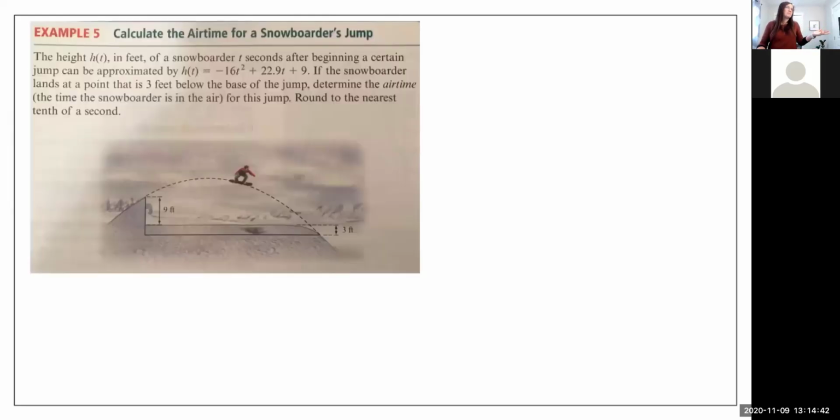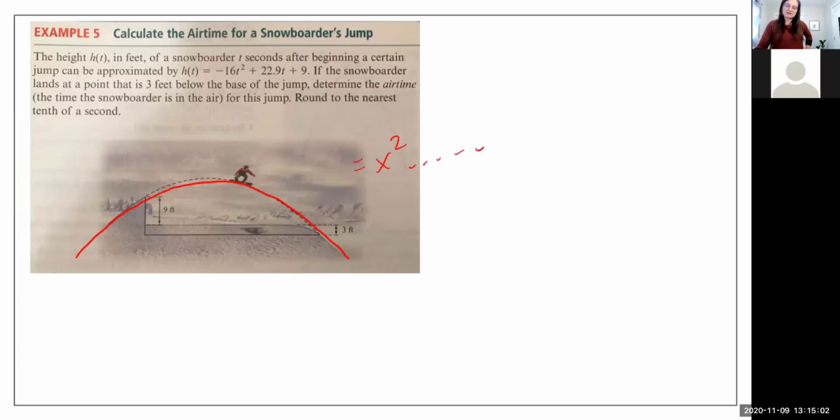So maybe we're interested in this, maybe we're not, but either way, we have this model that is quadratic. And quadratic means that the pathway can be modeled with a parabola that has an x squared in its function.